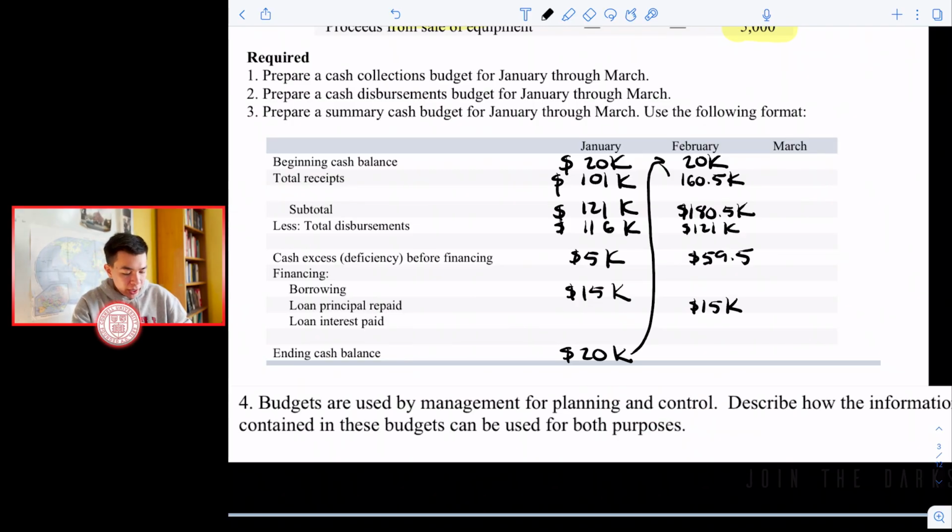Now, remember, our interest is at an 8% rate, but that is a yearly rate. And what we've got to do is take this 8% and multiply it by 2/12. That basically stands for 2 months. And you might be asking, why 2 months and not 1 month?